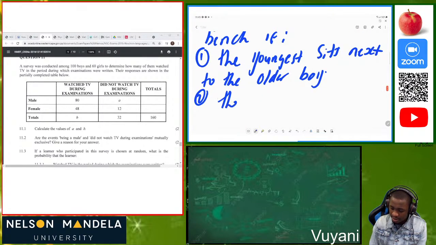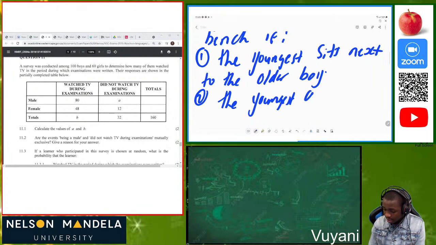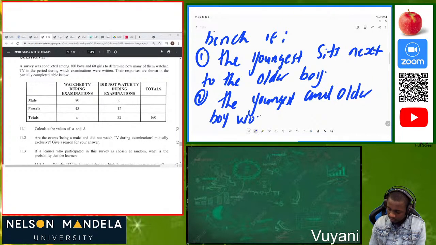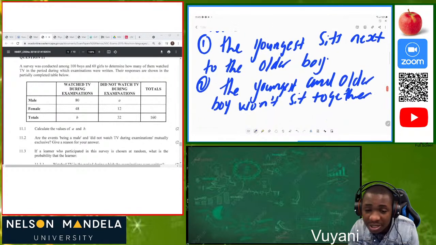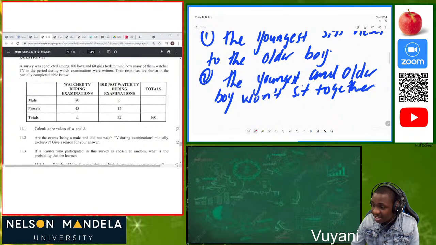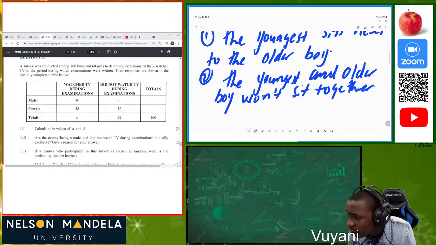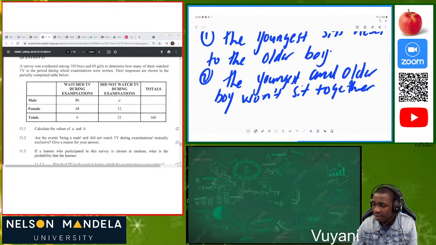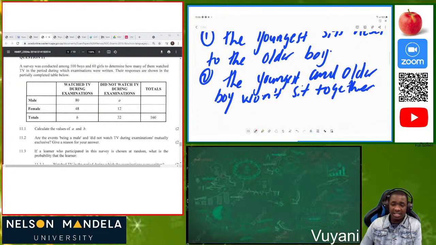Okay, the youngest and the older one won't sit together. I'm just trying to formulate a question for you guys so that you can have a clear image of what's happening here. So now this one is a different scenario. It's a totally different question. Since this is a different question, this is our last example.